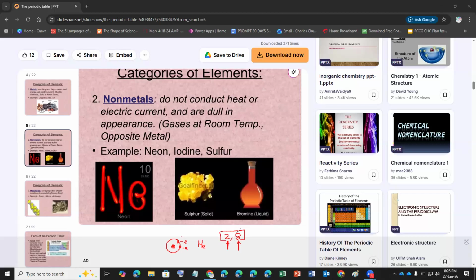But guess what? Any other element that's slightly above 8, so let's imagine an element has 9 electrons in its outermost shell. What will it be doing? It will be looking for how to shed 1 electron so that it will become 8.